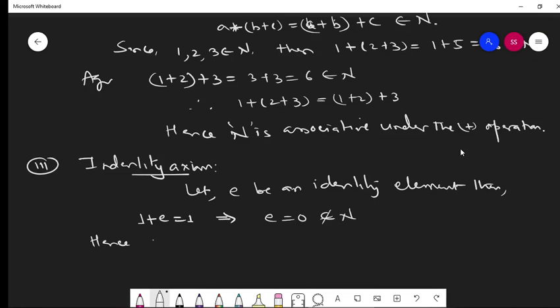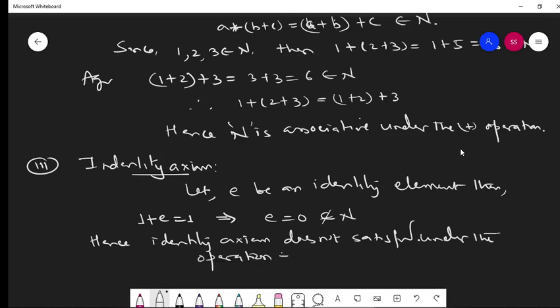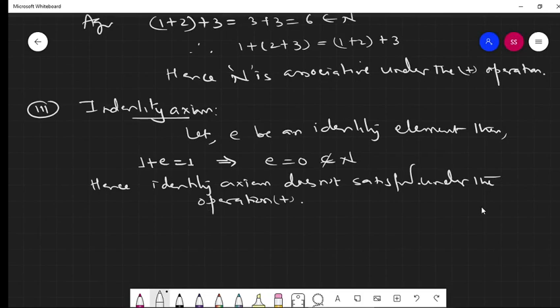Hence, the identity axiom does not satisfy under the operation plus. Therefore, the third axiom is not satisfied.